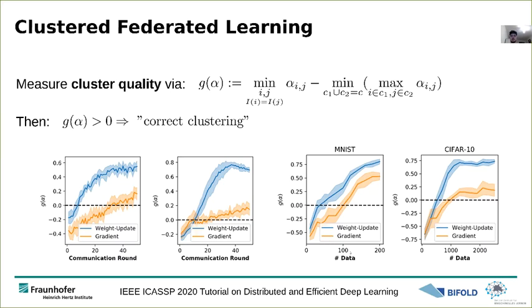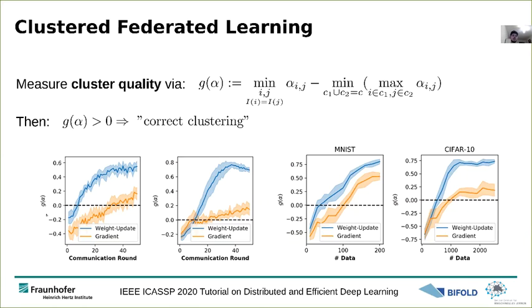We also find that we can do this when clients only hold very few data points. So at MNIST, we can get a correct clustering already if every client only holds about 100 data points. And what is quite important from a practical perspective is we can show empirically that this also works if we use weight updates instead of gradients.